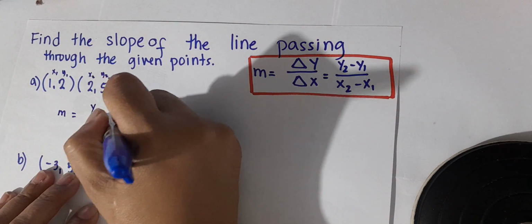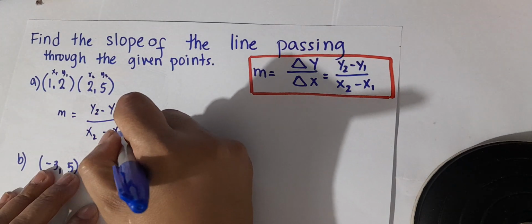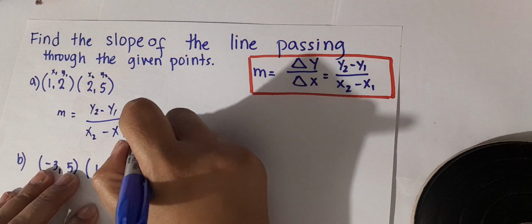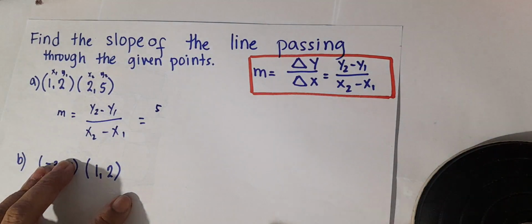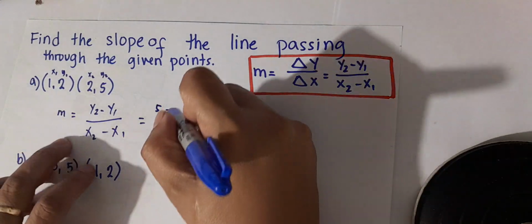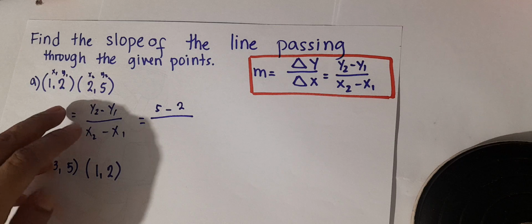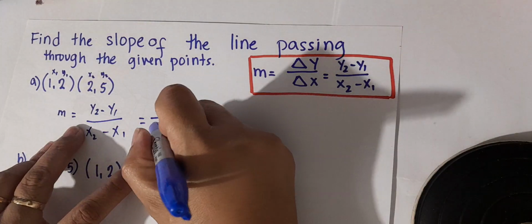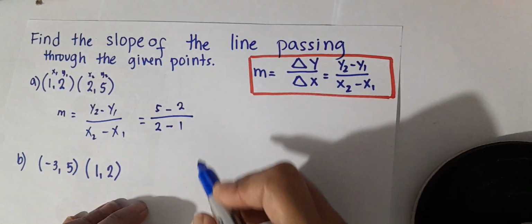y2 less y1 over x2 less x1, which is equal to y2 is 5, y1 is 2. So 5 minus 2 over x2 is 2 minus x1, which is 1.